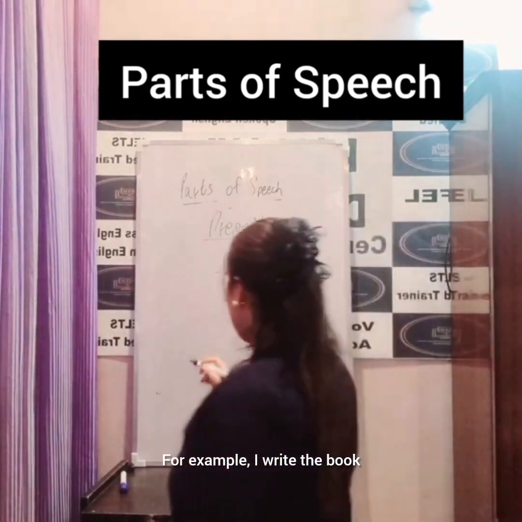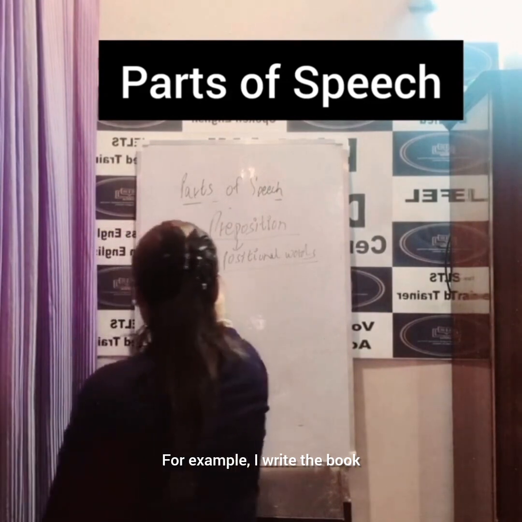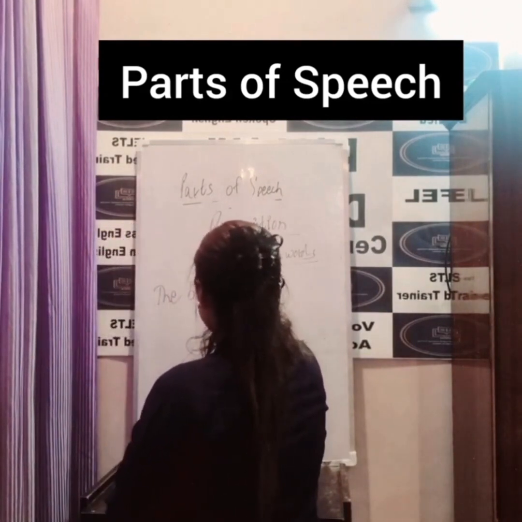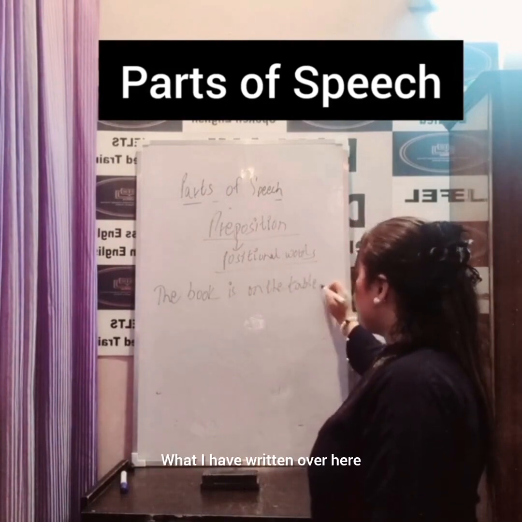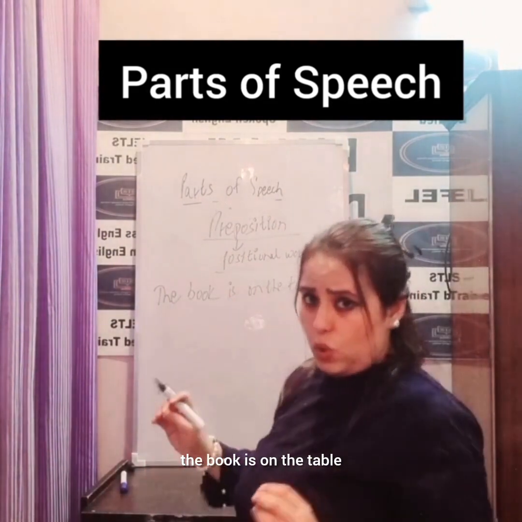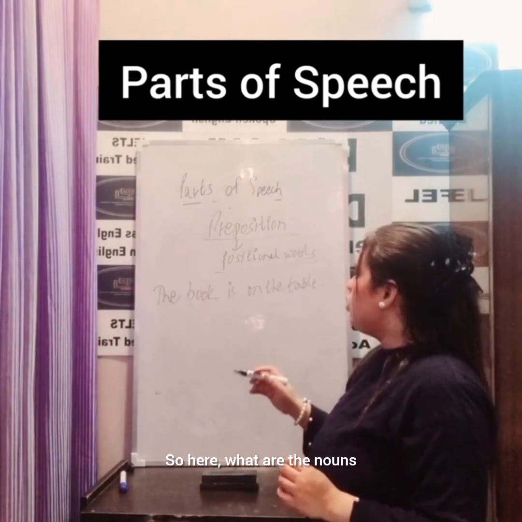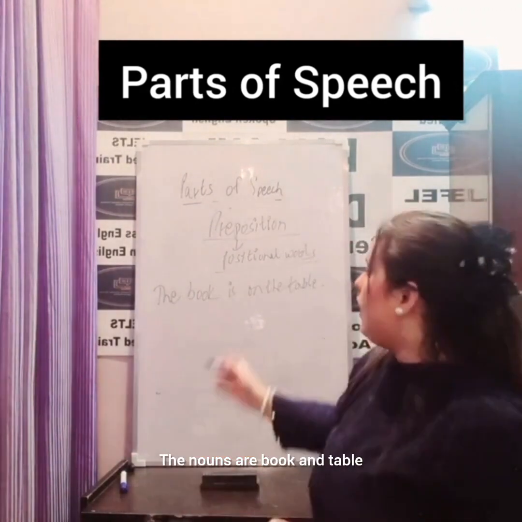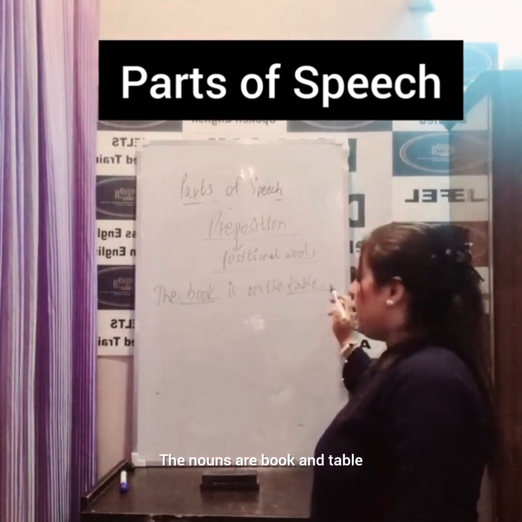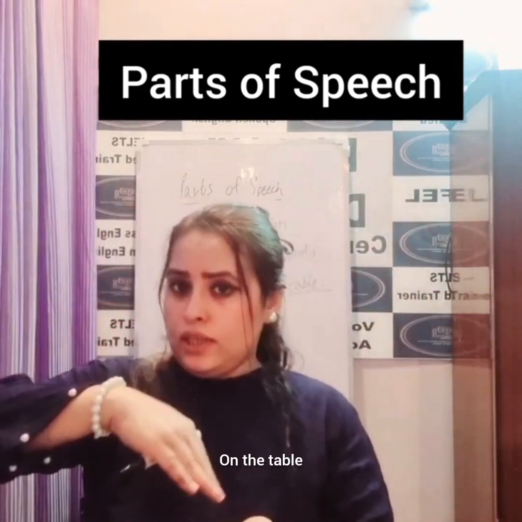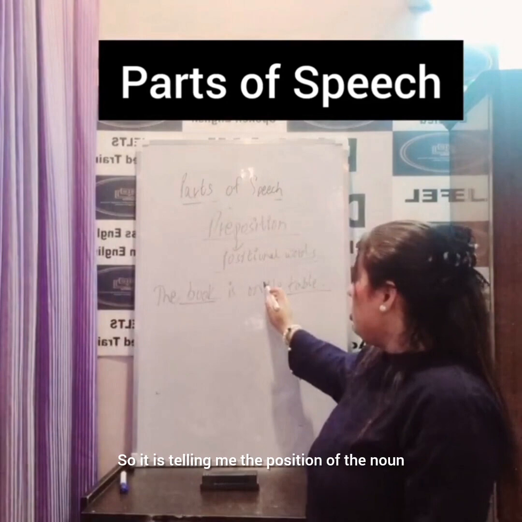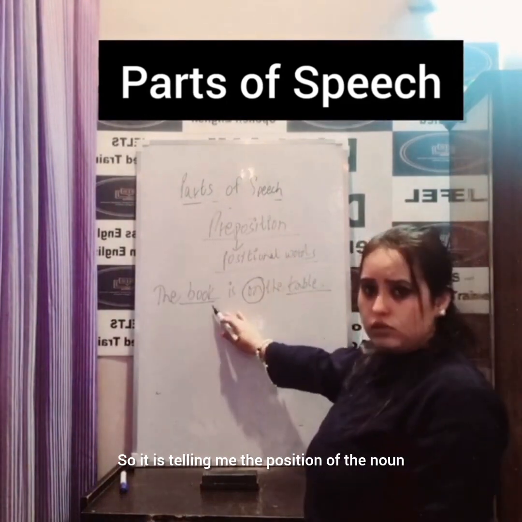For example, I write, the book is on the table. So here, what are the nouns? The nouns are book and table. So where is the book? On the table. So it is telling me the position of the noun.